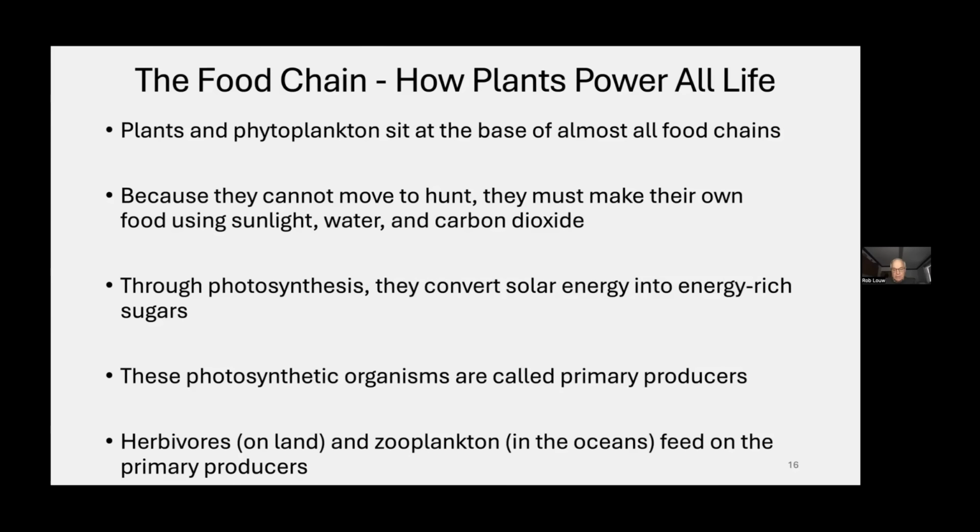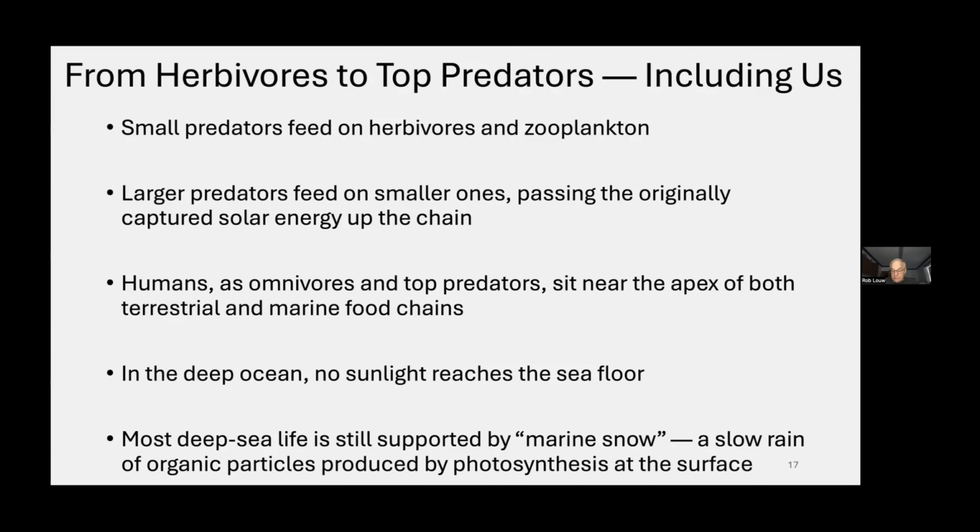But in the deep ocean, where no sunlight reaches the seafloor, deep sea life is actually still supported by photosynthesis, by what we call marine snow, which is a slow rain of organic particles produced by photosynthesis at the surface. So they're getting their food supply from the photosynthetic processes nearer the surface of the sea.